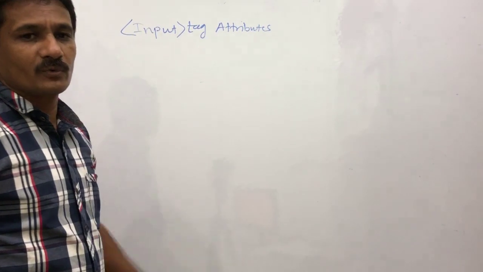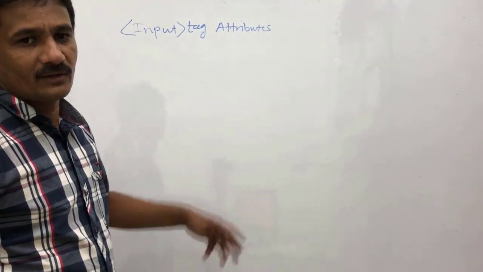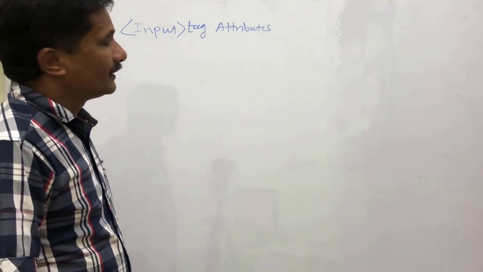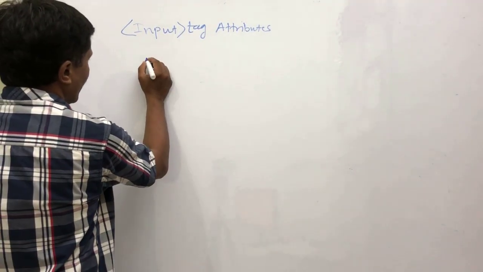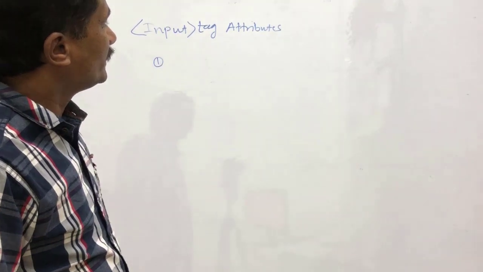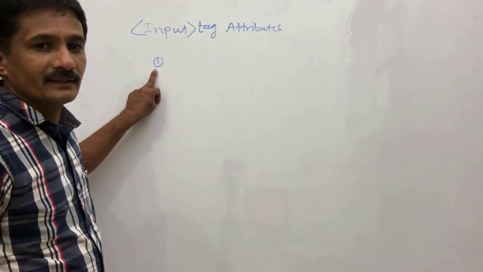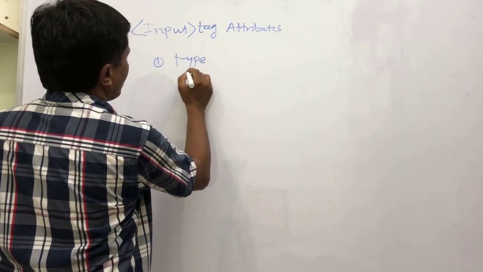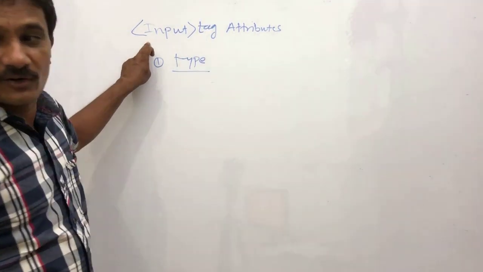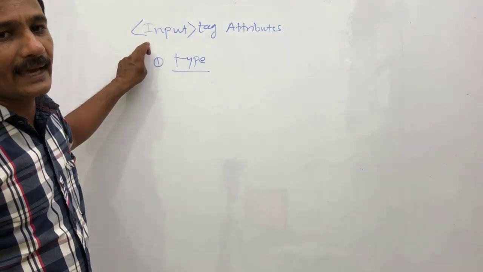Input tag attributes. Following is the list of attributes for input tag to create a text field. First is type. Type is an attribute of input tag.